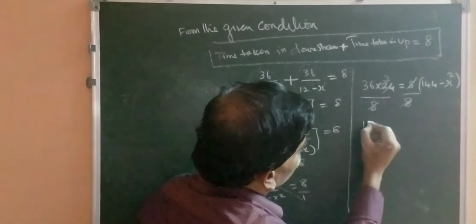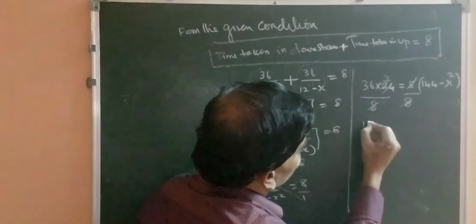So x square plus 108 minus 144 equals 0, which gives x square minus 36 equals 0. Now 36 can be written as 6 square. So x square minus 6 square equals 0. Using a plus b into a minus b, x plus 6 into x minus 6 equals 0. So x plus 6 equals 0 or x minus 6 equals 0, so x equals minus 6 or x equals plus 6.